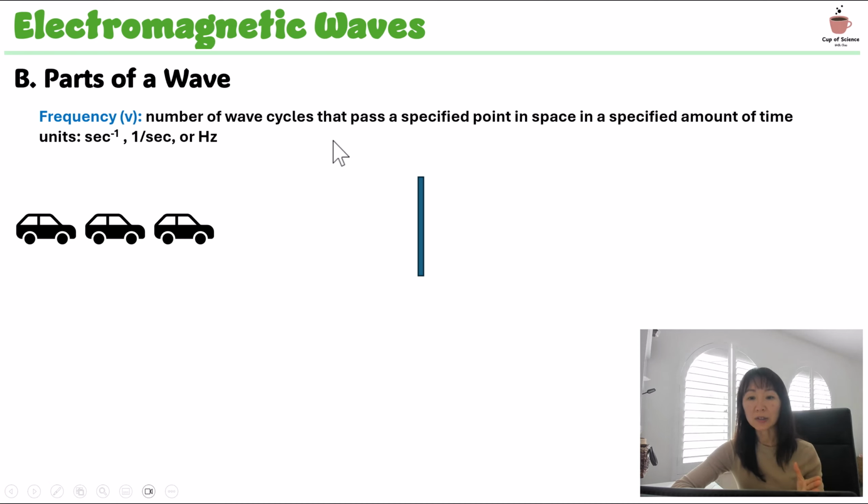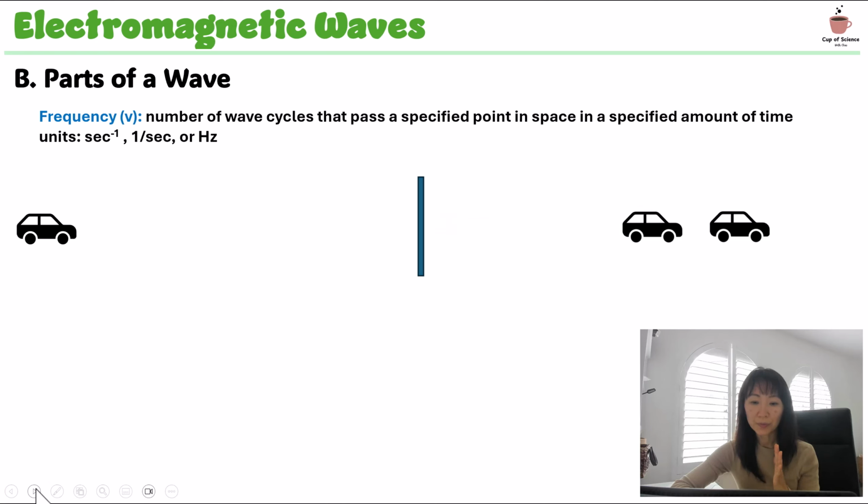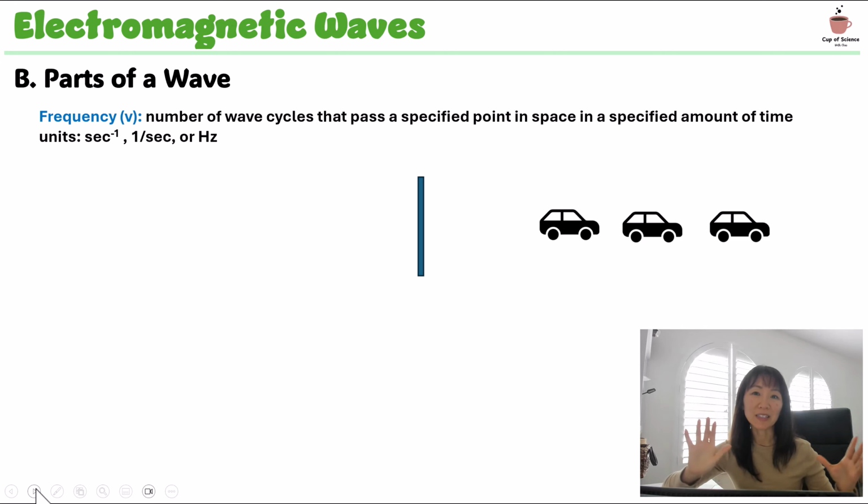Let's take this car example here. Imagine these cars are going to pass this line in 1 second. All three of the cars are going to pass in 1 second. So, 1, 2, and 3. Although that's probably not all in 1 second, let's just pretend. So 3 cars passed in 1 second.